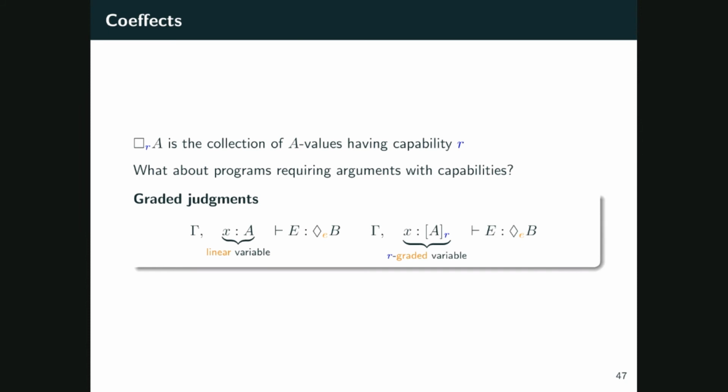And for that, we perform a further refinement of our judgments, whereby now we consider judgments in which the environment can have linear variables, so placeholders for code that must be used linearly. And it may also have graded variables, which are just placeholders for code that comes with capability, so the code that can be manipulated according to the coeffect R.